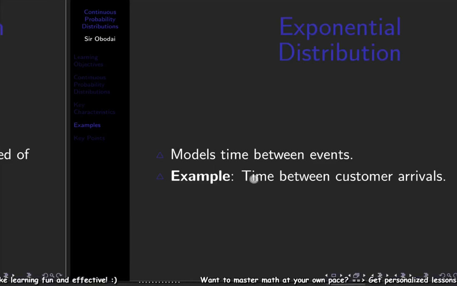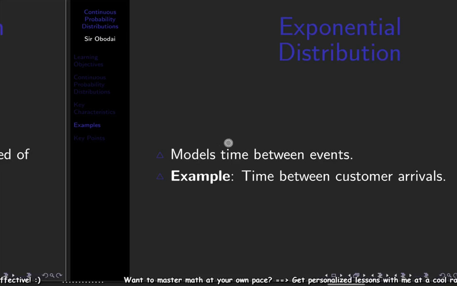The next example of a continuous random variable we're looking at is the exponential distribution. The exponential distribution is also an interesting one that describes the time between events in a Poisson process. It is often used to model time or space between random events. An example is the time between customer arrivals.